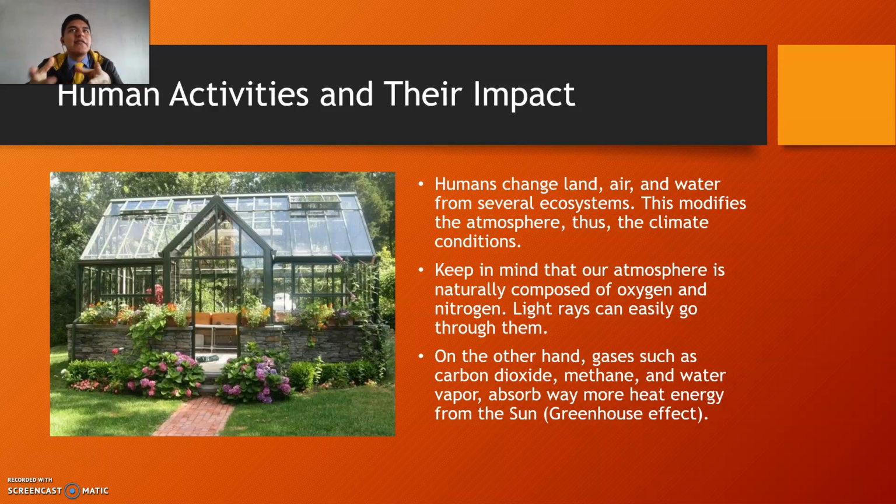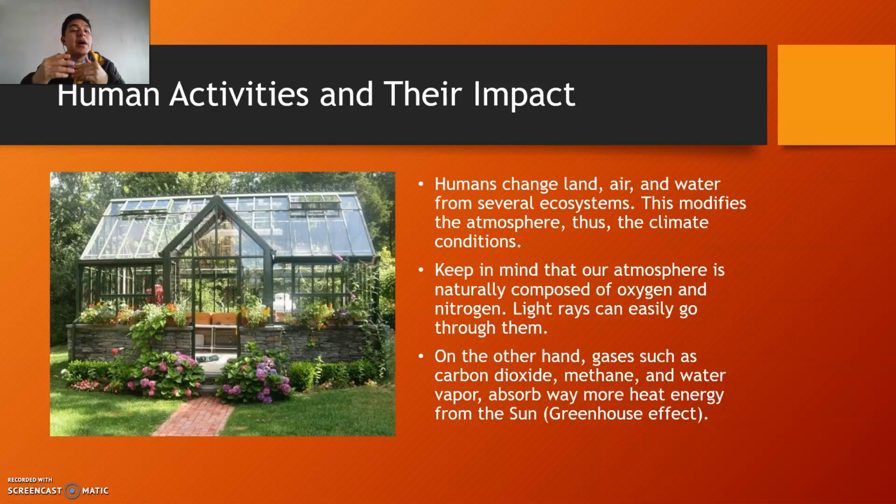If that composition is not modified, then the temperature and the climate conditions in our planet are going to be exactly the same. But if we start adding a lot of carbon dioxide, because it's something that we were talking about before, right? A lot of human activities are going to produce carbon dioxide. So what's going to happen is that carbon dioxide is going to go to the atmosphere.